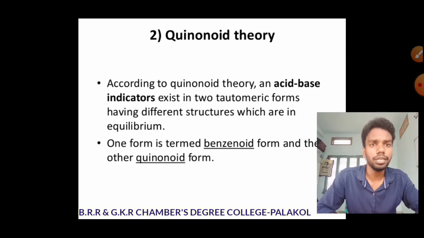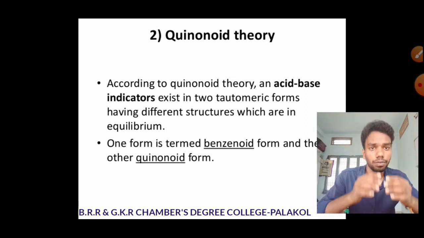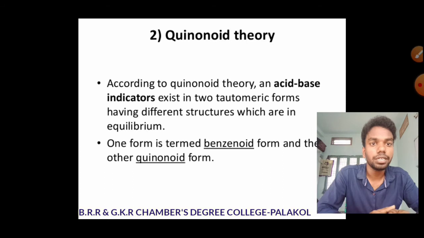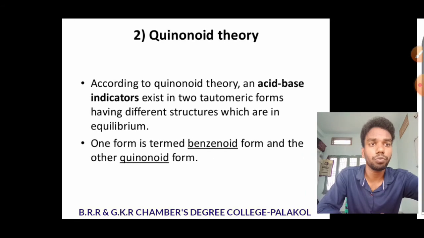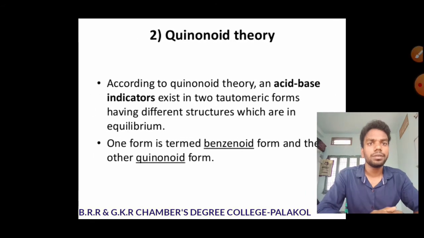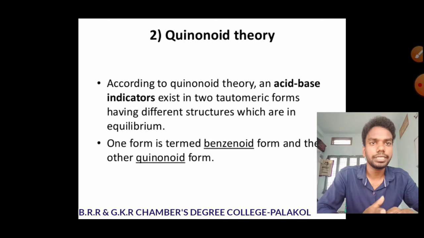According to quinoide theory, acid base indicators exist in two tautomeric forms having different structures, which are in equilibrium. One is termed the benzoyl form, another is the quinoide form, right? All these acid base indicators are aromatic organic compounds, so they show tautomerism, that is, they show two tautomeric forms.